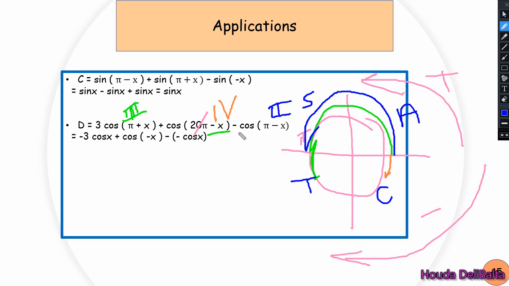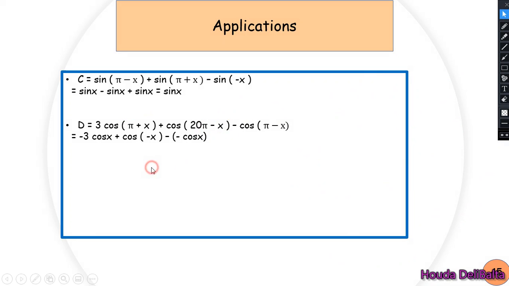In quadrant 2 cosine is negative, so I put minus cosine x between the parentheses. And finally I get minus 3 cosine x. In quadrant 4 it is cosine x, and minus into minus is plus cosine x. Now adding the positives together we get 2 cosine x, minus 3 cosine x will give minus cosine x.